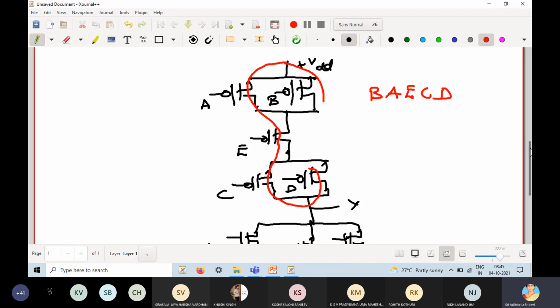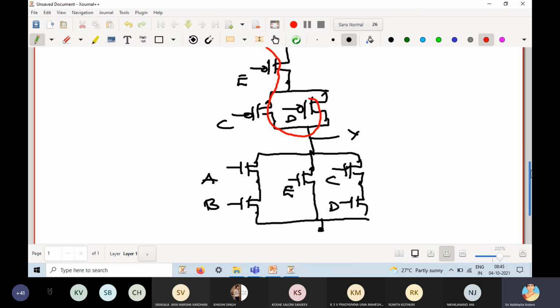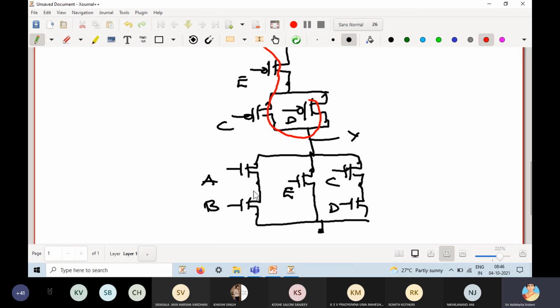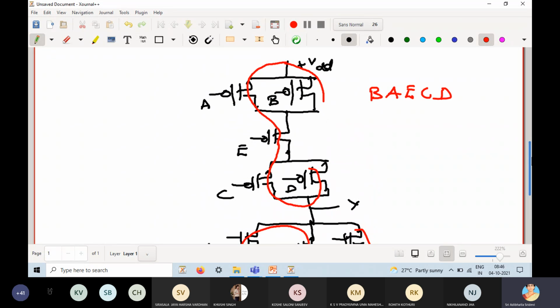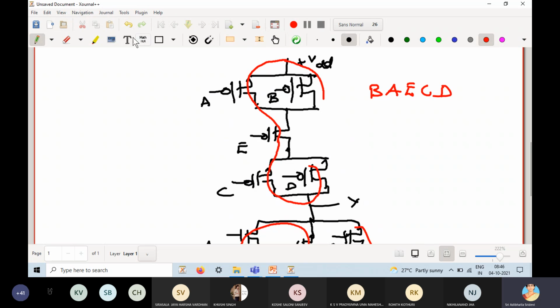Let us see whether that will be possible here or not. BAE, here BAE. CD is not possible, right? So BAE DC. Whether BAE DC is possible here or not? Yes, ma'am, it's possible.